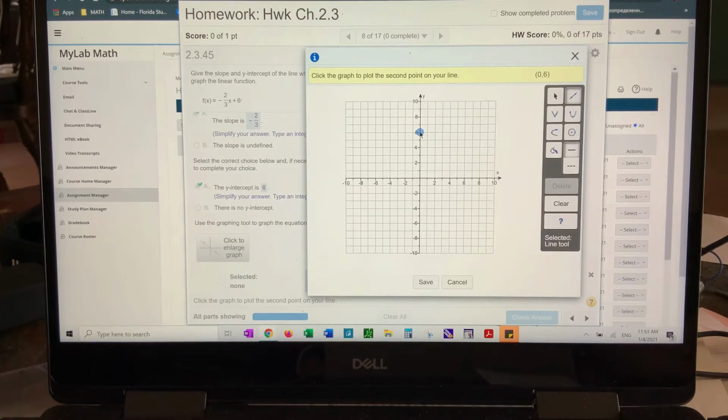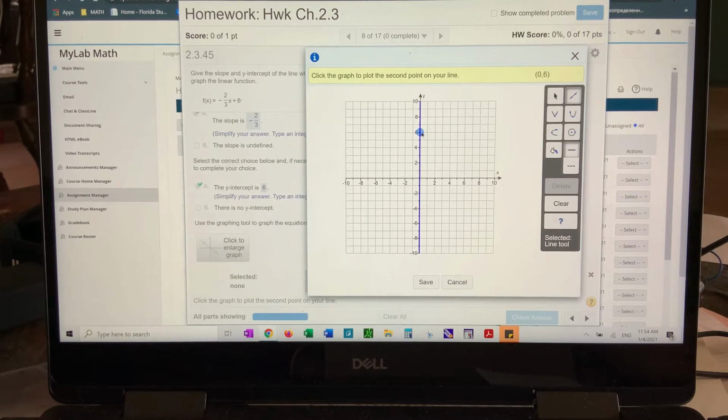I clicked on it. Then from here, since I have negative 2 over 3, I can use the negative either with the numerator, which will be negative 2 over positive 3, or I can use 2 over negative 3. Since I don't feel like going up, I'm going to go down. And since this is my 6, I'm going to use the negative with the numerator.